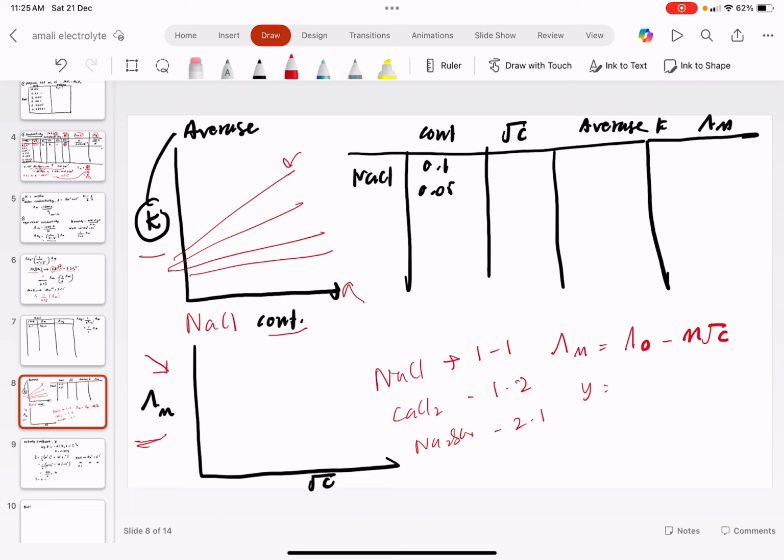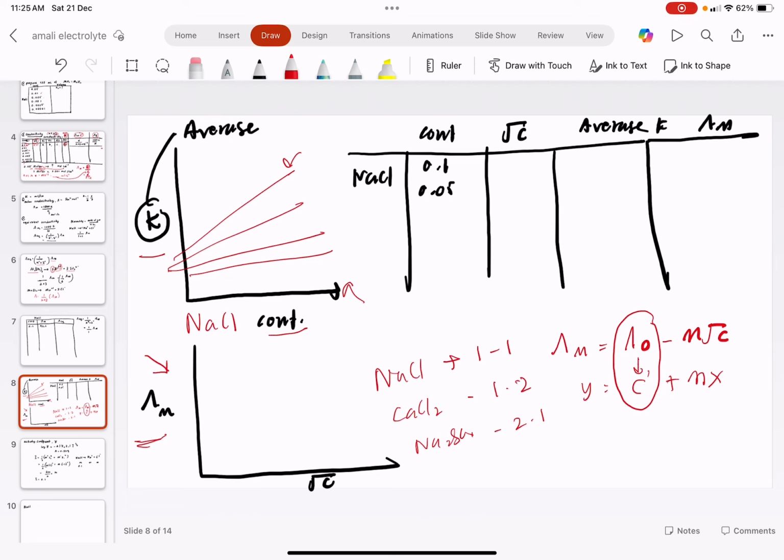Based on this, we will have a straight line. So for each electrolyte, you can determine the conductivity at infinite dilution by looking at the intercept, which will be the c.